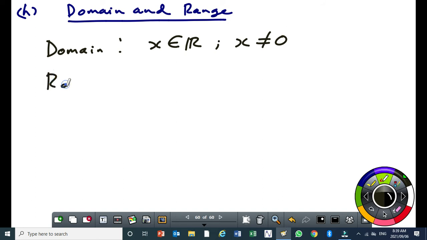For the range, it's going to be slightly different. But the format is almost the same. We can write y is an element of real numbers, but y will never be equal to the value at the horizontal asymptote, which will be q. Okay? y will never be equal to q because y equal to q is an asymptote.